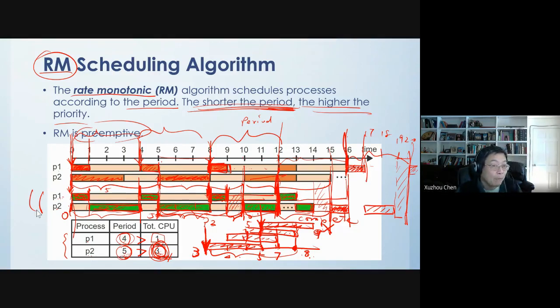Now, if you fail this kind of real-time application, what happens? Your movie is probably going to freeze, right? That's typically what happens when you have streaming video. Streaming video is a real-time application, but it's not really that critical.